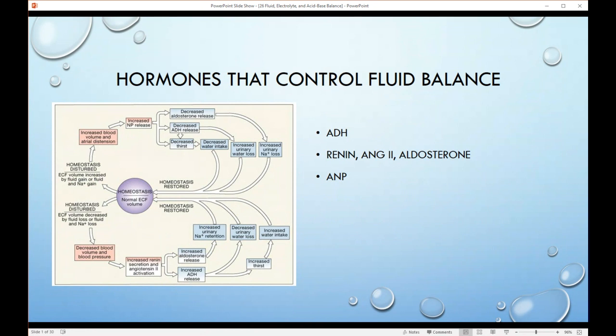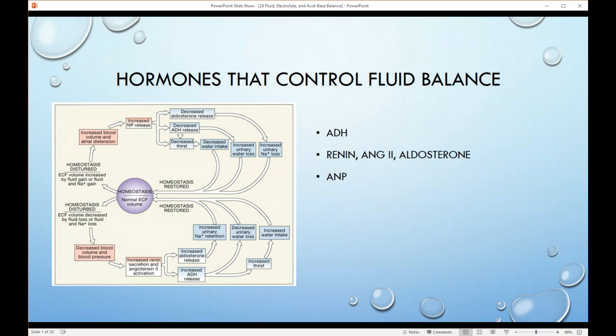It also increases our atrial distension, which means that pressure has been increased. What do we do when that occurs? We want to stop the water intake and get rid of more. So we decrease our aldosterone release, which is going to increase our urinary sodium loss, which therefore can increase our urinary water loss.